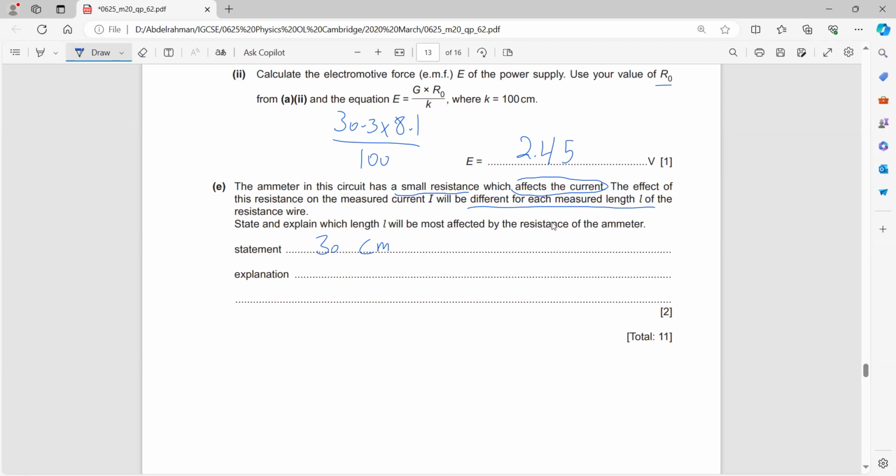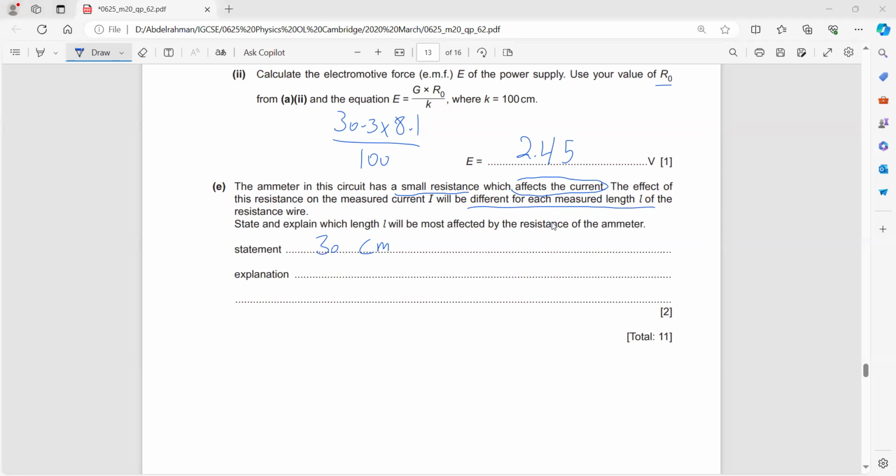In this case, how can you decrease the percentage of error for the ammeter? By increasing the length. So if I had a length of 100 centimeters, for example, would that have an even lower percentage error? Yes, it would. And that's the whole point. Yes, 30 centimeters would definitely be the most affected.